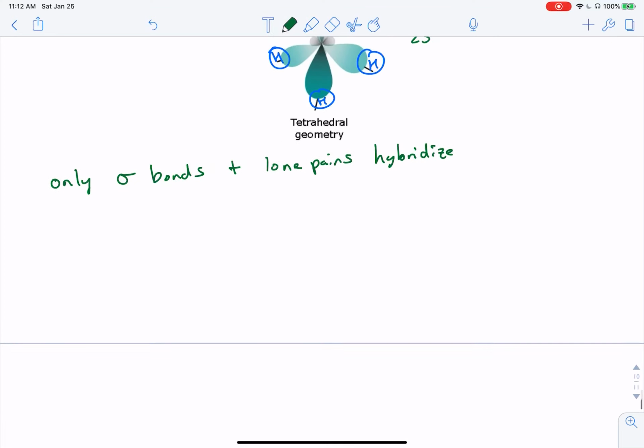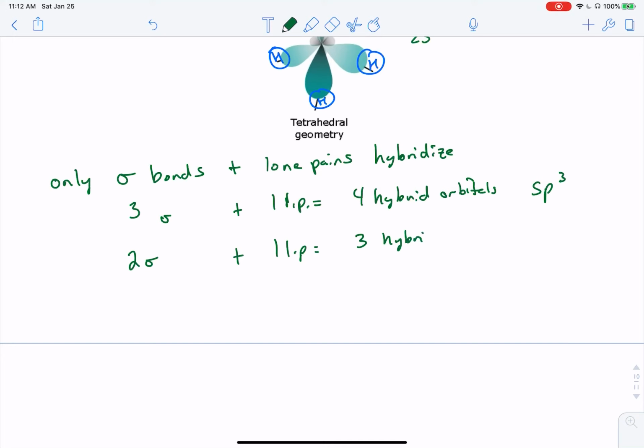Okay. So let's say you had 3 sigma bonds and 1 lone pair. That means you would need 4 hybrid orbitals, which means you would need to take 4 orbitals and hybridize them. So you'd take 1 s and 3 p's. So the hybridization of that would be sp3. Let's say I had 2 sigma bonds and 1 lone pair. That would mean I need 3 hybrid orbitals.